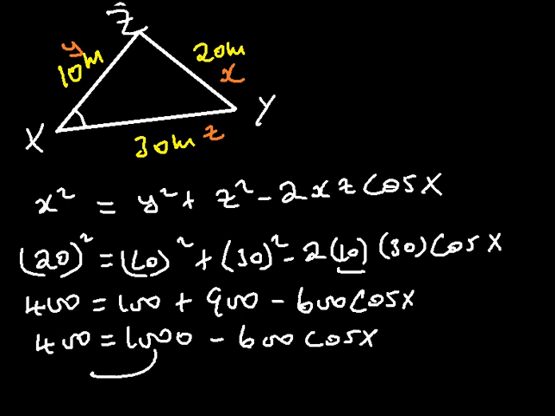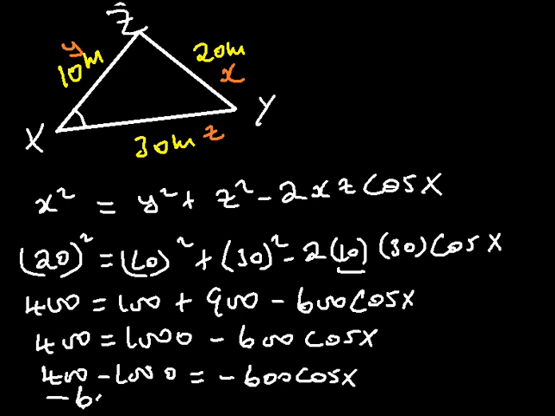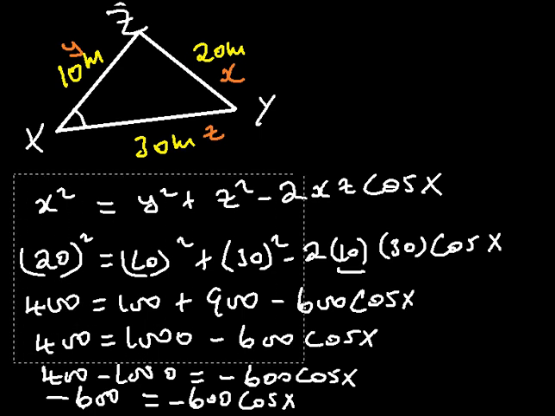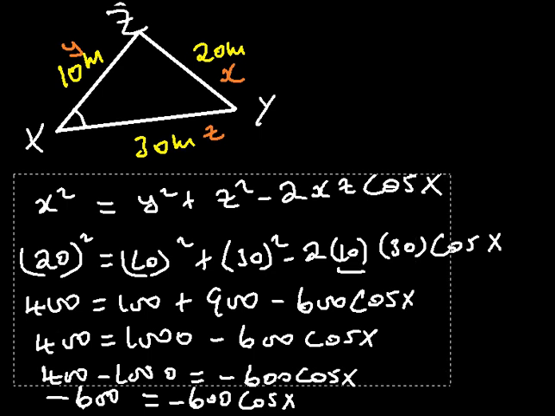So transfer this to that, that will be given as 400 minus 1000, which is equal to negative 600 cos of angle X. So that is negative 600, which is equal to negative 600 times the cos of angle X. In that case, you divide both sides by negative 600.